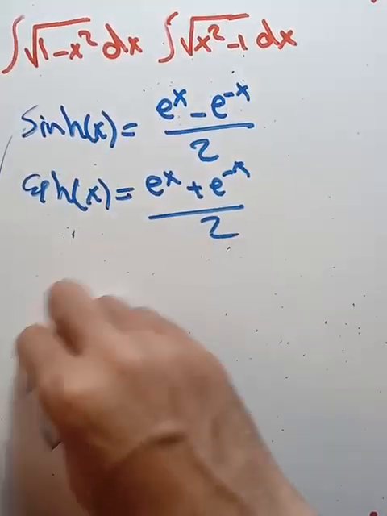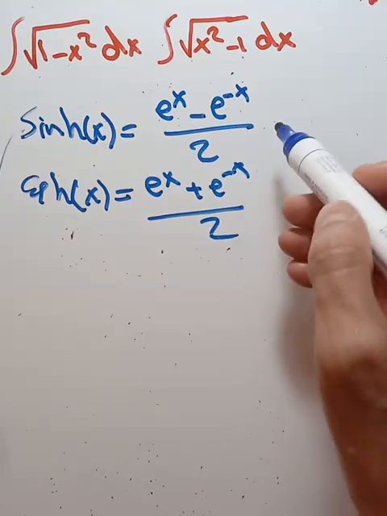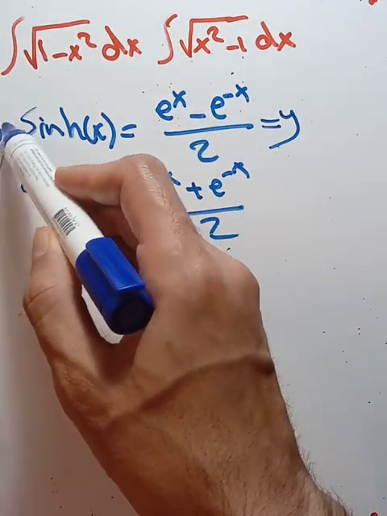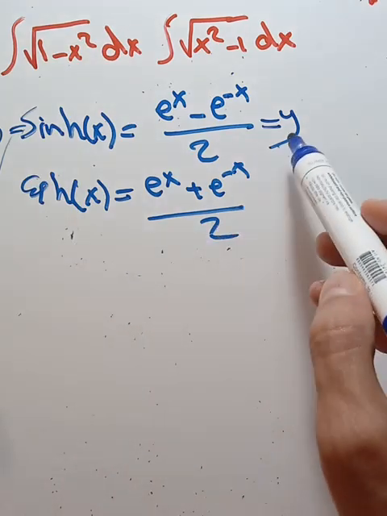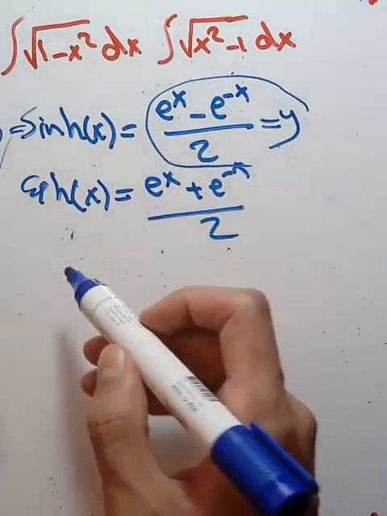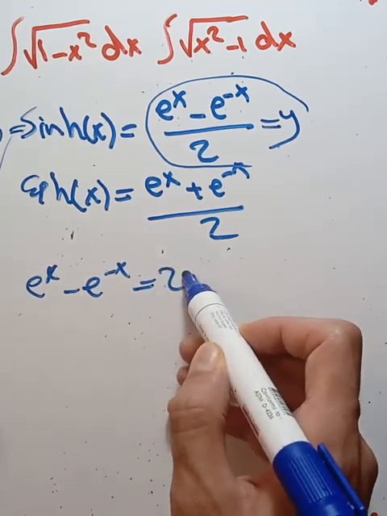Let me derive it. Let's show this as y. y equals this, okay? And let's write it as e to the x minus e to the minus x equals 2y.